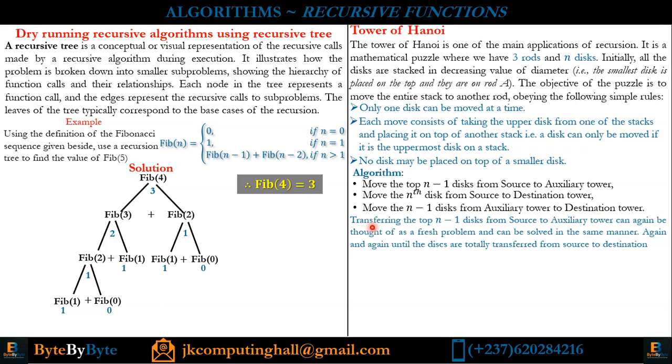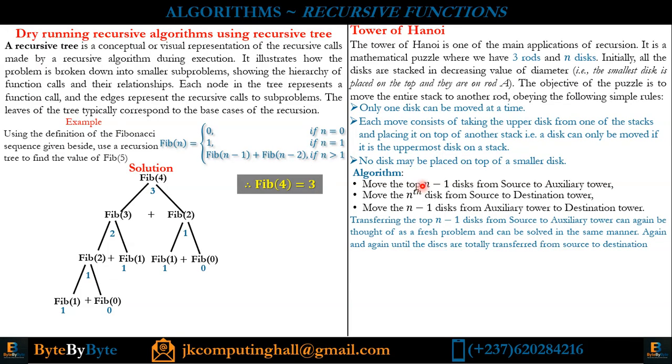And now we realize from this algorithm, which is given in step form, that transferring the top n minus 1 disks from the source to the auxiliary tower can again be seen as a fresh problem and can be solved in the same manner.